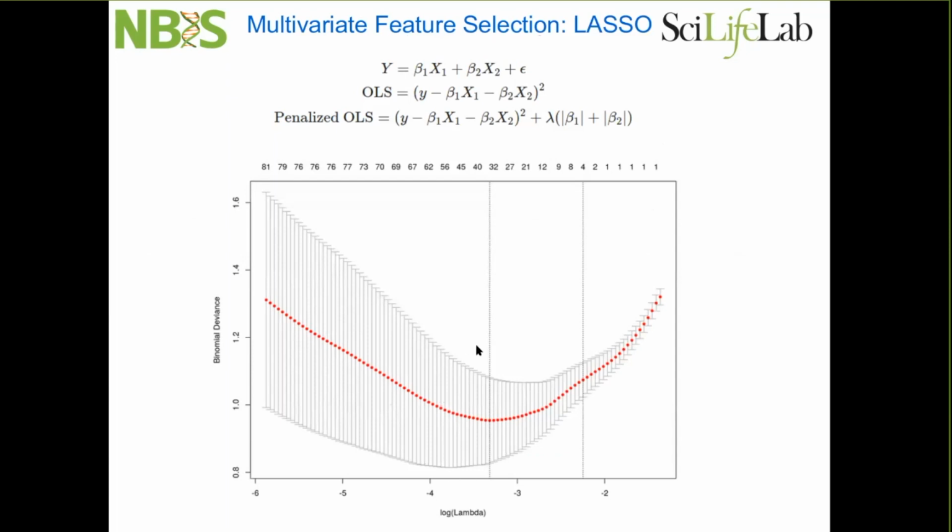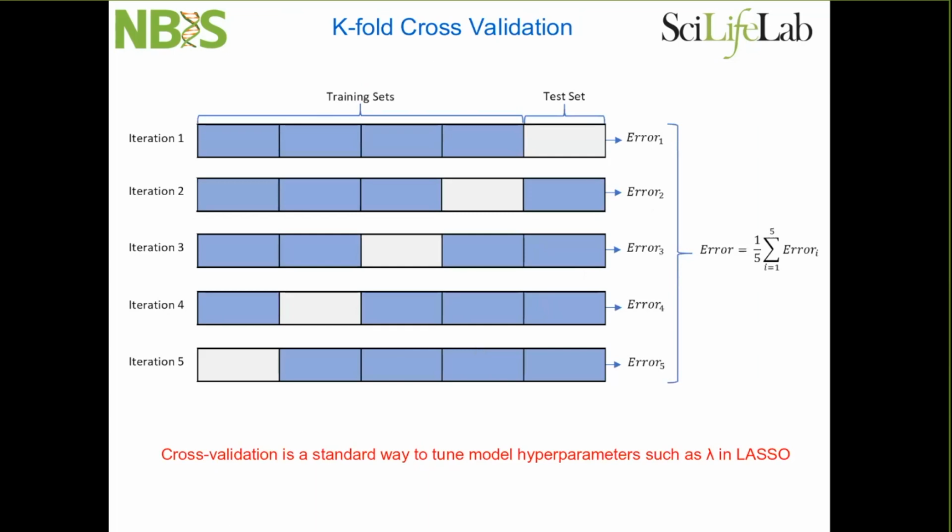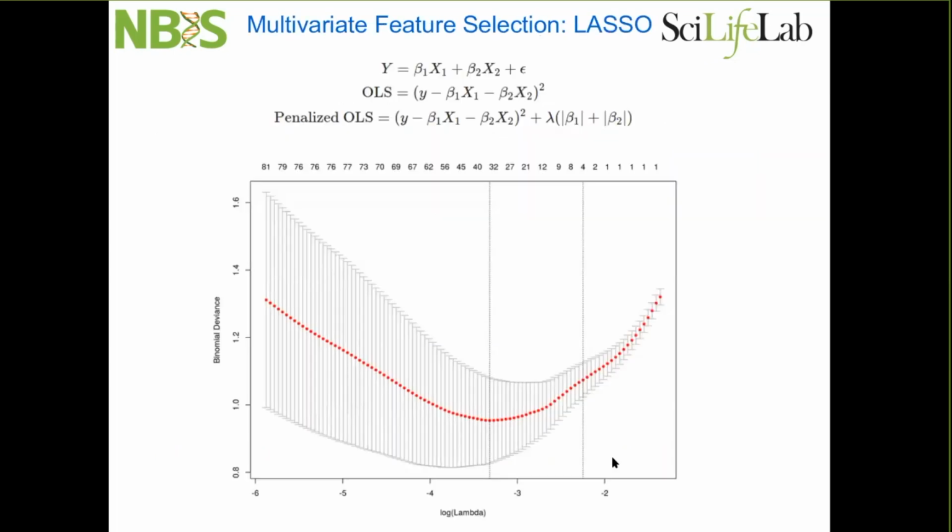Why do you do this cross-validation? Cross-validation is a standard way to tune the hyperparameters of a model. A model always has parameters and hyperparameters. If you look at this penalized OLS, penalized ordinary least square, we are now talking about a family of models called penalized linear models, because you add a penalty here.